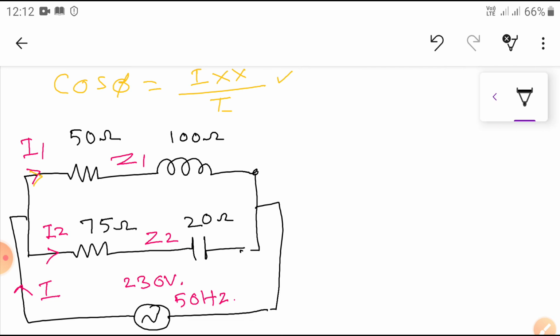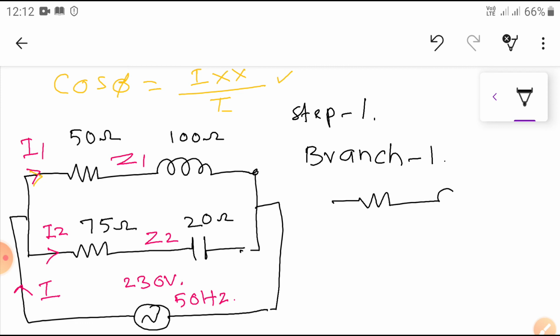So what is the first step? Step 1. Find the branch 1 values. What is the branch here? Resistance and inductance are connected here.